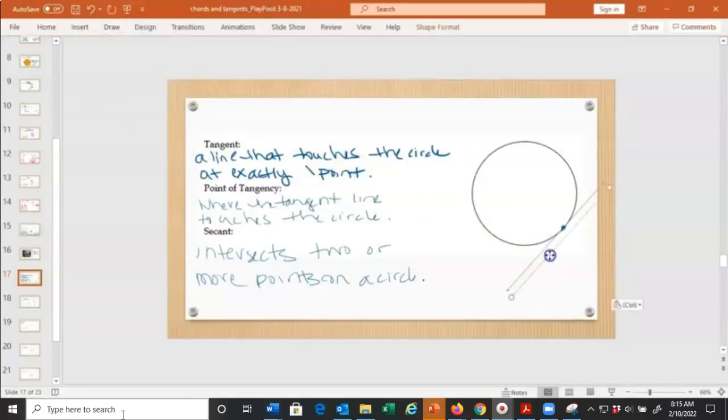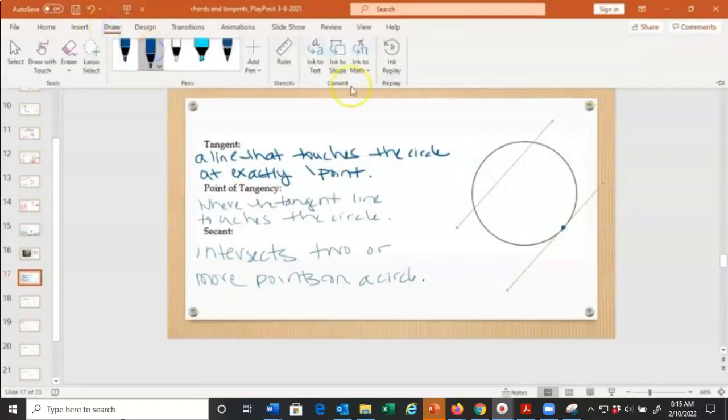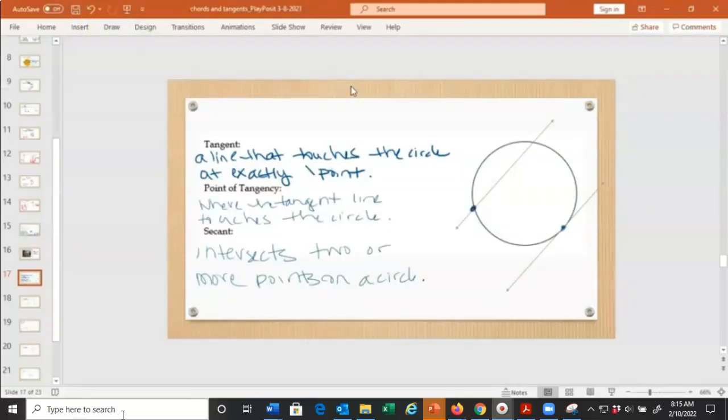Remember, the chord touched each edge, so a secant goes through the circle at 2 points. There's an example of a secant. See, it's going 2 or more, in this case 2. A third point might be, if there was something in the interior. So as long as it cuts through the edge of that circle, it's considered a secant.